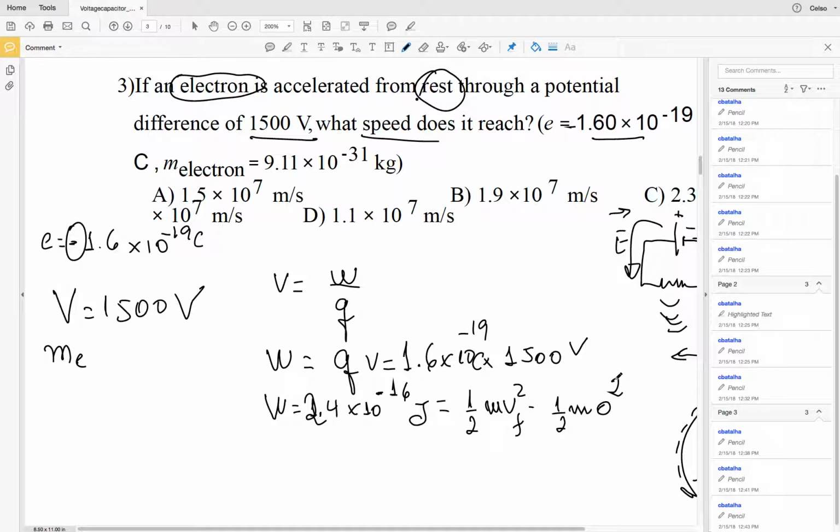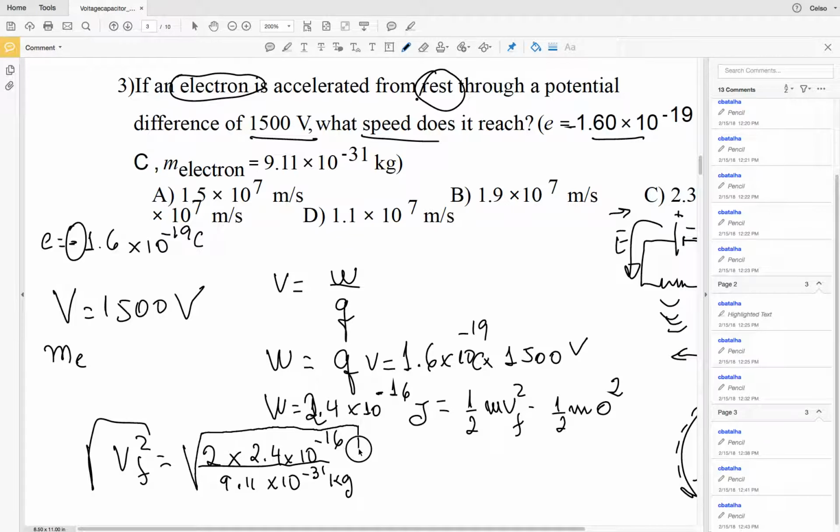Okay, so this is zero. So basically we can find now our final speed, which is going to be 2 times 2.4 times 10 to the minus 16, I'm operating the math in the line above, divided by the mass of the electron, which is given, 9.11 times 10 to the minus 31 kilogram. And once I take a square root of both sides, I can figure my speed in meters per second. Okay? Good enough?